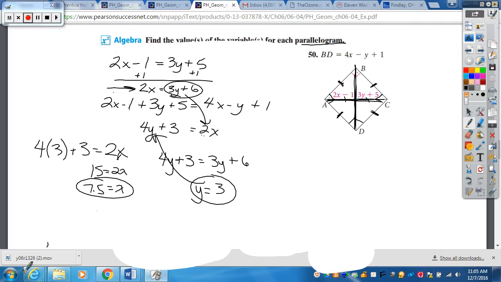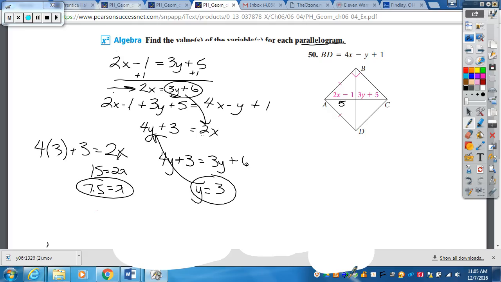Now, if you ever want to double check yourself on this, you can always go back here and plug it back in. For example, if I plug in 3, I get 6 minus 1, which is 5. Plug in 7.5, ooh, that's going to challenge me a bit. 24, what did I do?